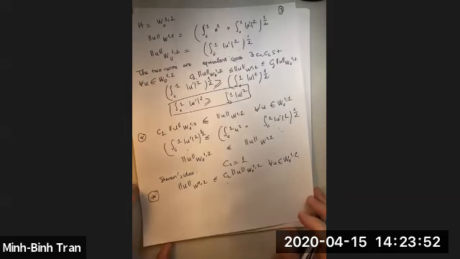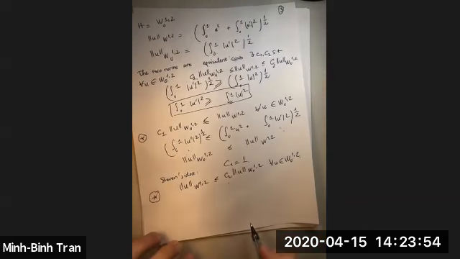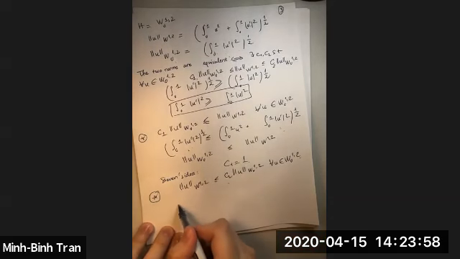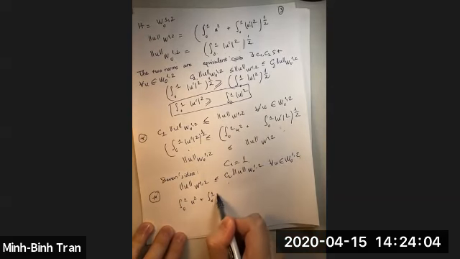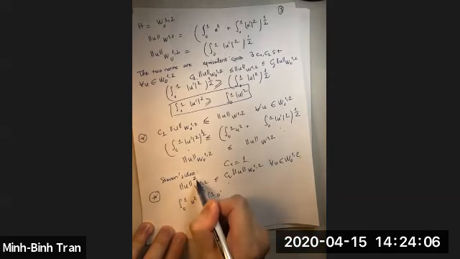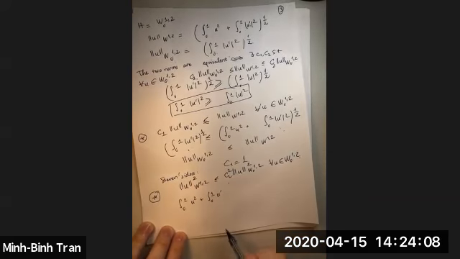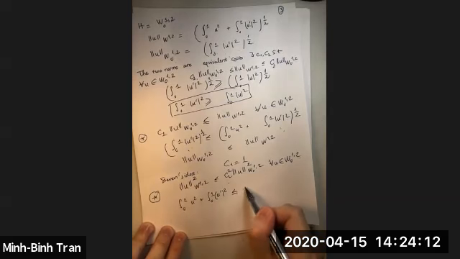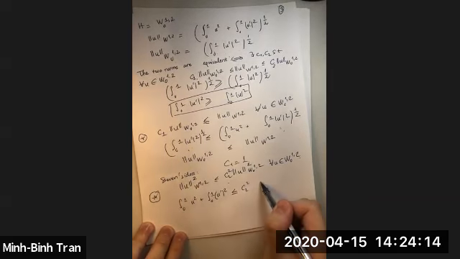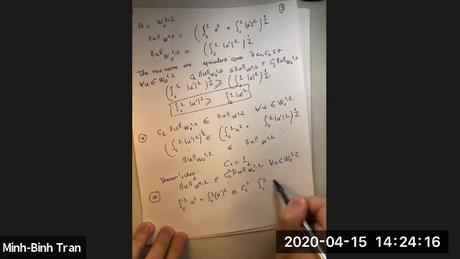So I want to find this C2. What is the meaning of this C2? It means that you have the integral from 0 to 1 of u square plus the integral from 0 to 1 of u prime square. If I square both sides, here I have C2 square, right? So this is smaller than C2 square times the integral from 0 to 1 of u prime square.